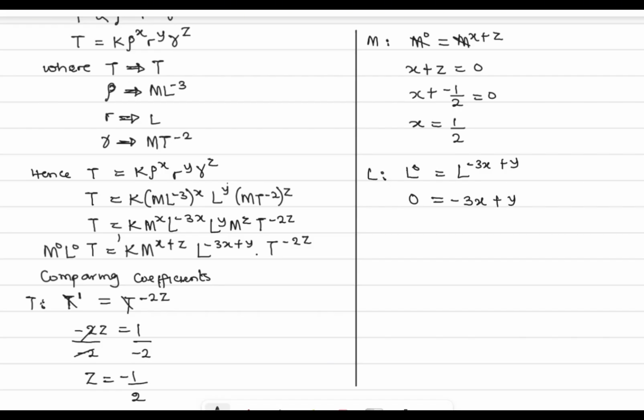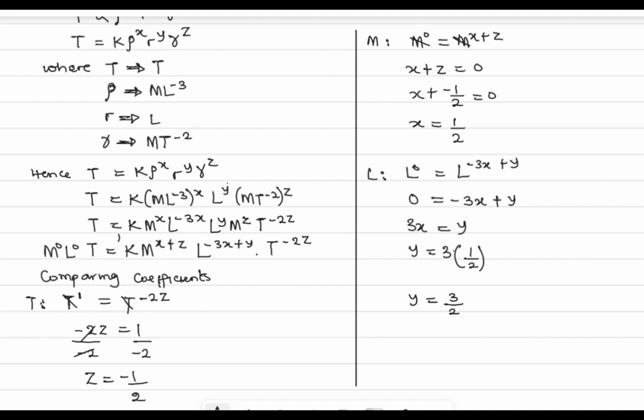Bringing the 3x to the other side, we get that 3x is equal to y. So we can say y is equal to 3x, and x is equal to 1 over 2. So we can say y is equal to 3 over 2.